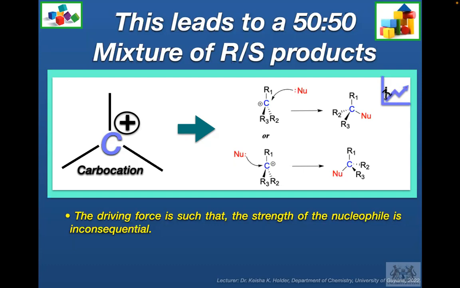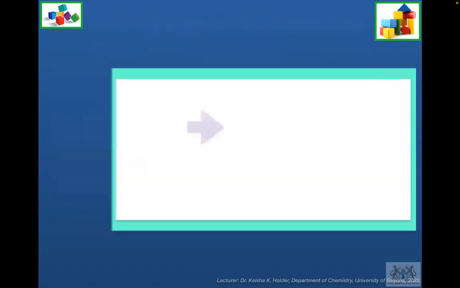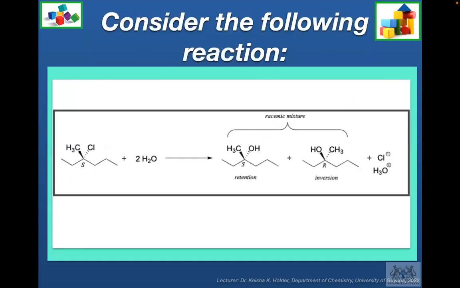So our last conversation had us focusing on a specific reaction where we were looking at the product that results from SN1 attack. Now here we have a tertiary carbon electrophile that is being attacked by a neutral nucleophile in the form of water to give a racemic mixture of products.